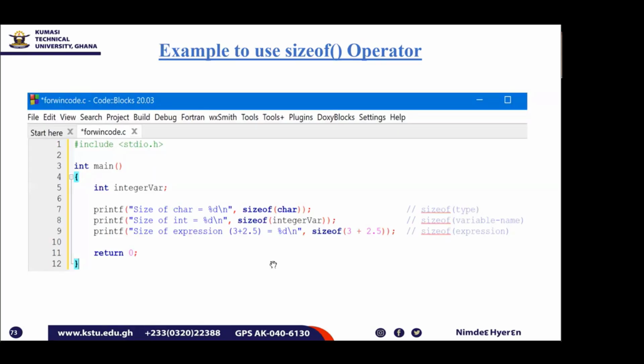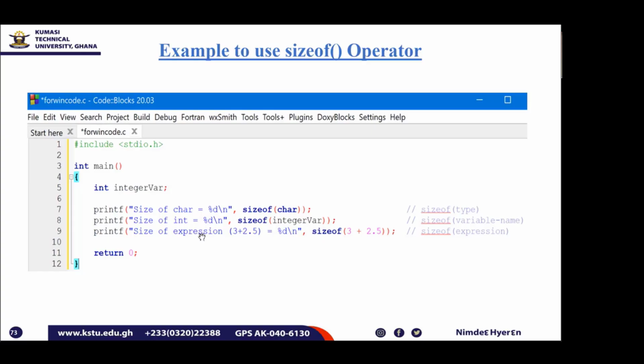So this is also an example where this has been used. You see an integer variable, print the size of character equals sizeof character. Print the size of integer equals sizeof integer variable.